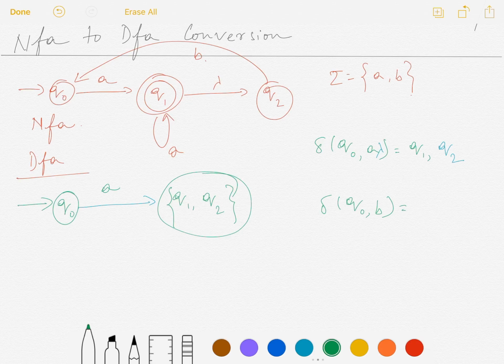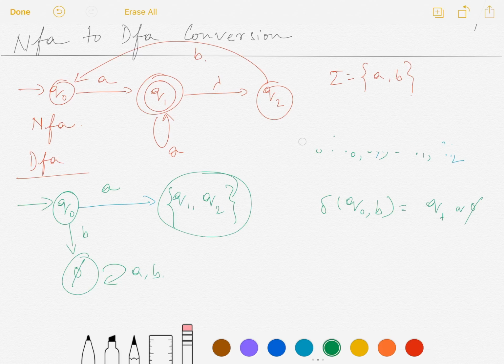So it will go to a trap state, or phi, where after giving A or B, it will not reach anything. Now, after giving A and B to Q0, we are getting two new states: one is phi, another is Q1, Q2.